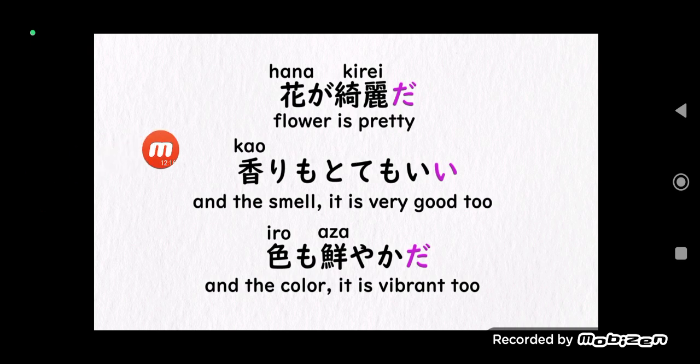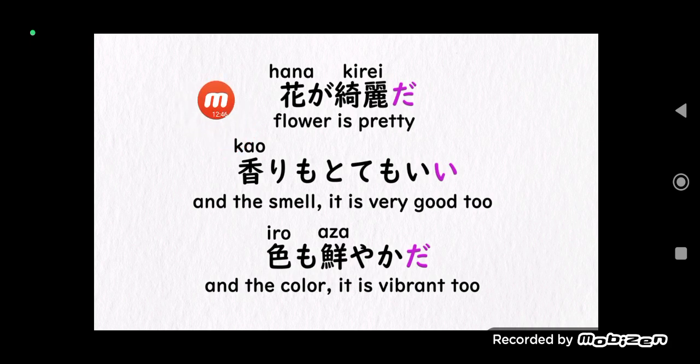Okay, so another example. Hana ga kirei da. So actually this is the origin. This is the origin sentence, the one that we have to convert into a compound sentence.